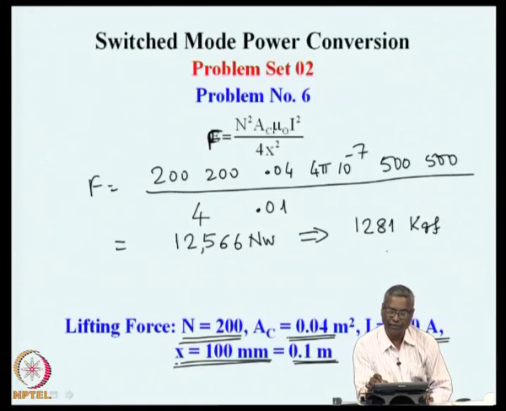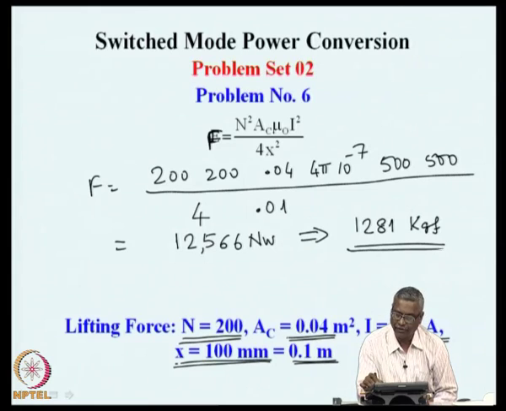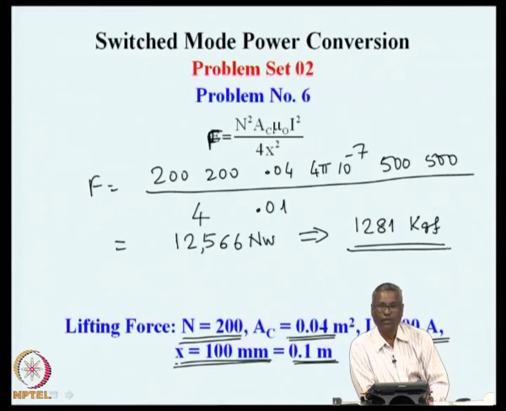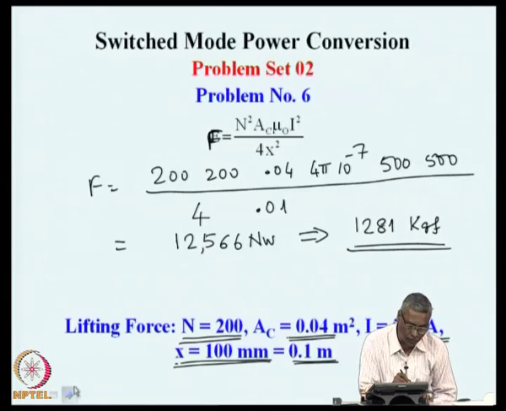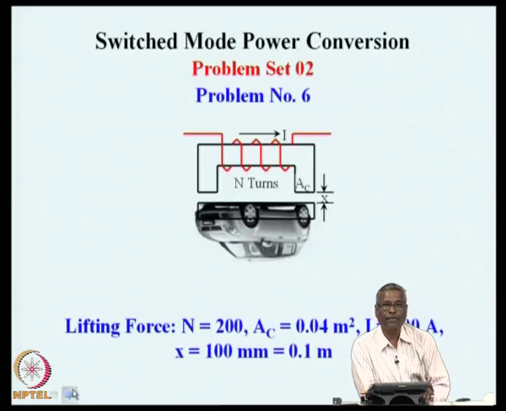12,566 divided by 9.81 will give you a lifting force in this particular system, when 500 amperes of current is flowing, of 1281 kg force. Where is this useful? This kind of magnet can be used to lift material.